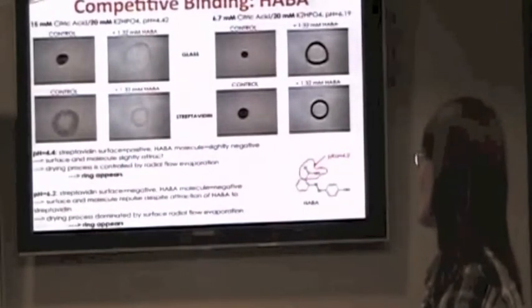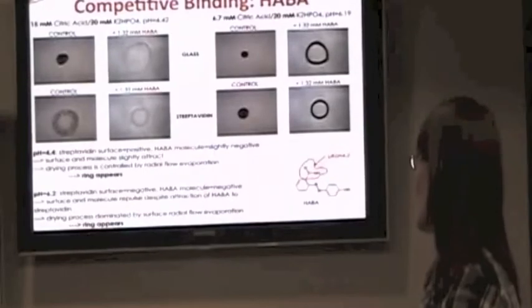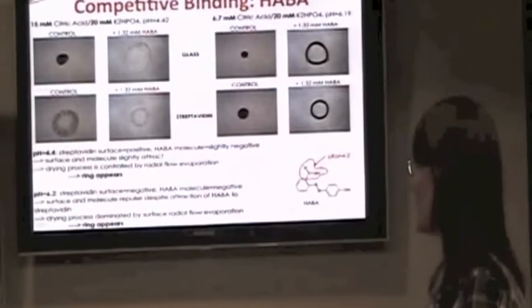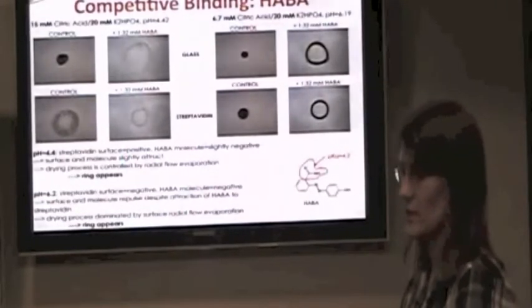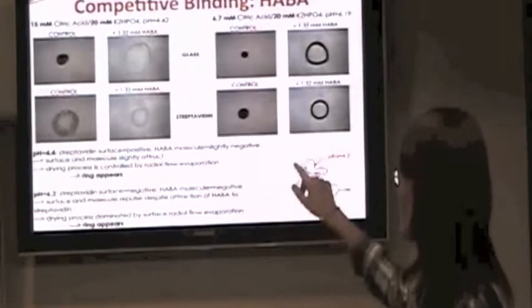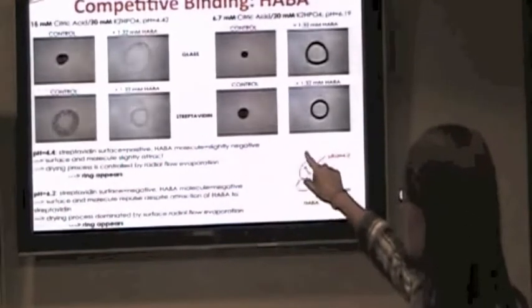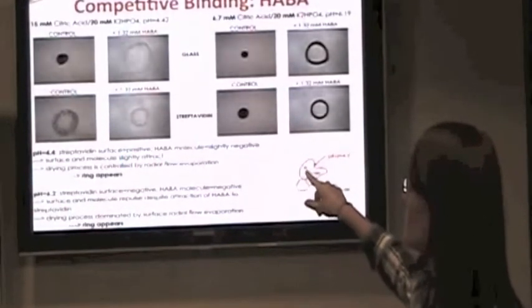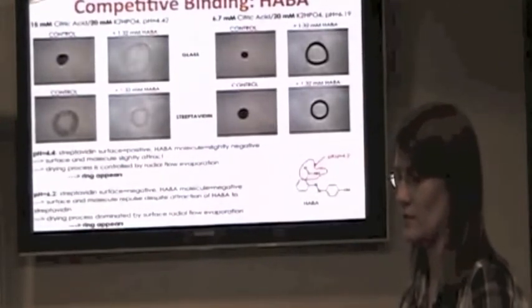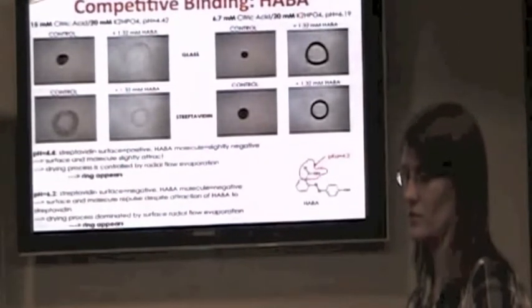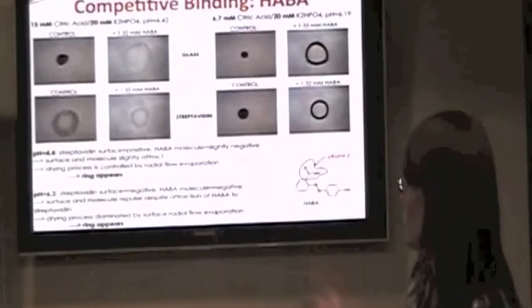And you're going to have a negative HABA molecule, which again is due to the pKa value of the HABA. Since it's slightly positive, slightly negative, you're going to have a slight attraction, which is why you see kind of around the ring little deposits on the drop. But still, the drop is mainly controlled by the radial evaporation, so you're going to get that ring structure again.